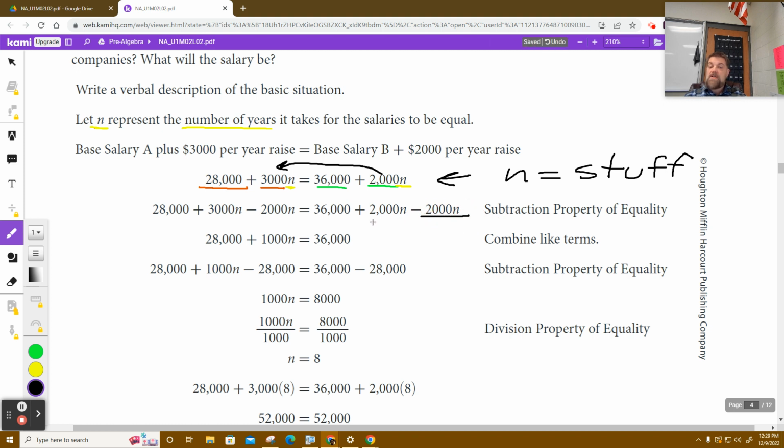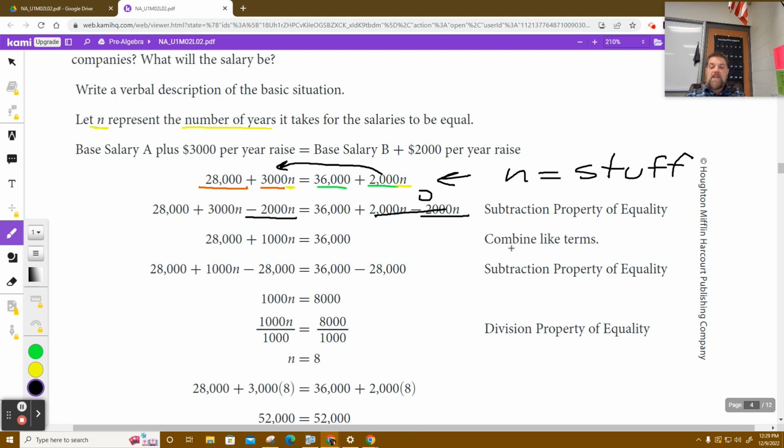But remember, whatever you do on one side of the equal sign, you have to do to the other. What's 2,000 minus 2,000? 0. So this equals 0, so that's why I'm left with 36,000. What's 3,000 minus 2,000? 1,000. So over here I have 28,000 plus 1,000n equals 36,000.